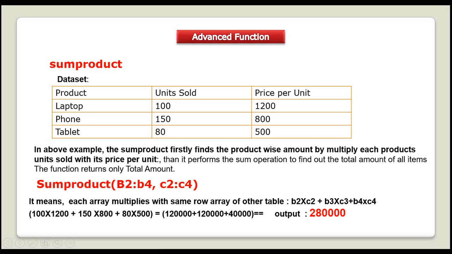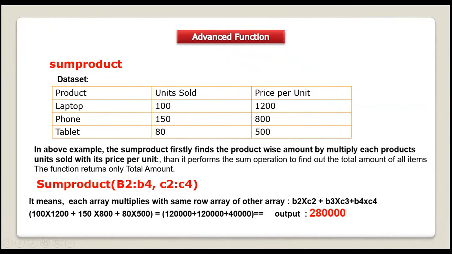Here SUMPRODUCT first finds the multiplication of these numbers, meaning B2 into C2, then B3 into C3, then finally B4 into C4. And then the products are summed. Each array element multiplies with the same-row element of the other column.